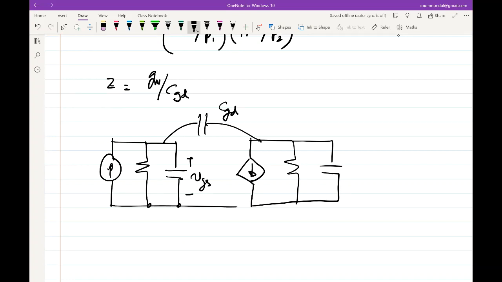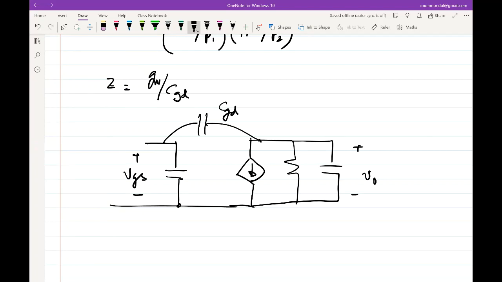How we have developed the VGS is immaterial, but let's say we have developed it so that we would like to only see what the final impact at the output is. So I'll remove all this stuff and we assume that some VGS has been developed.